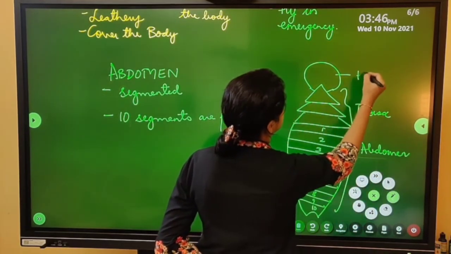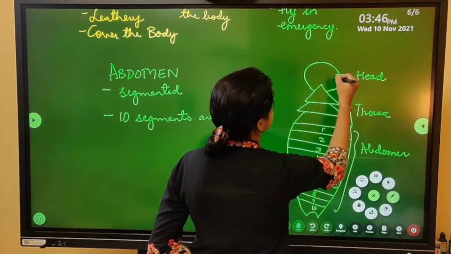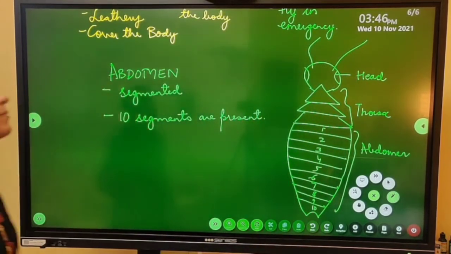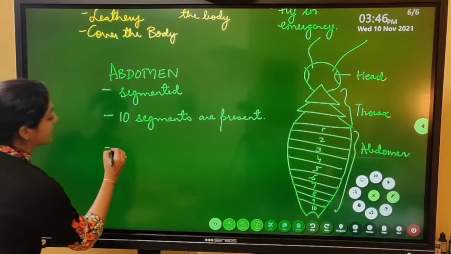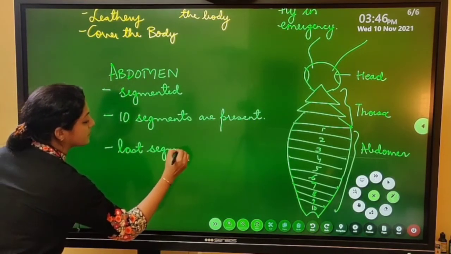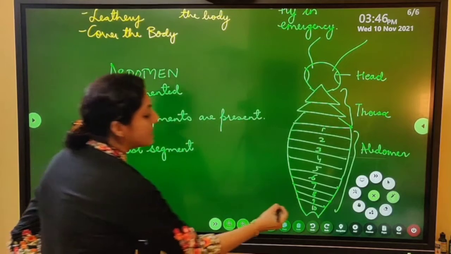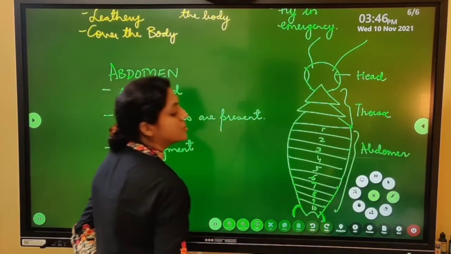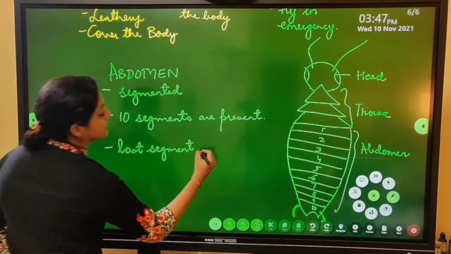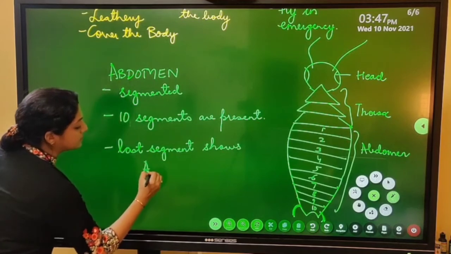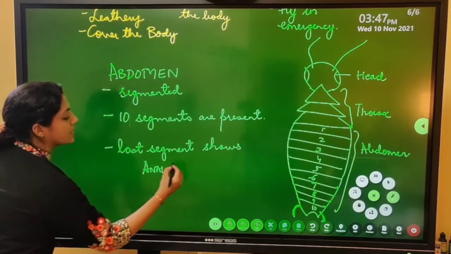And this is the head. Head will show the mouth part, the eyes, the antennae. Abdomen is going to have 10 segments, and the 10th segment, that is the last segment, shows anal cerci.